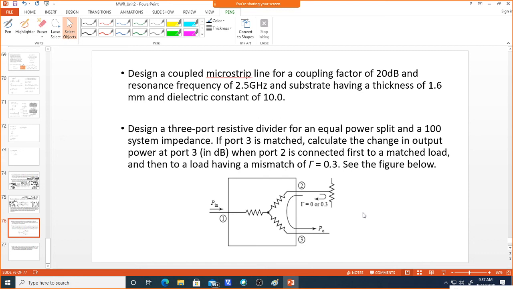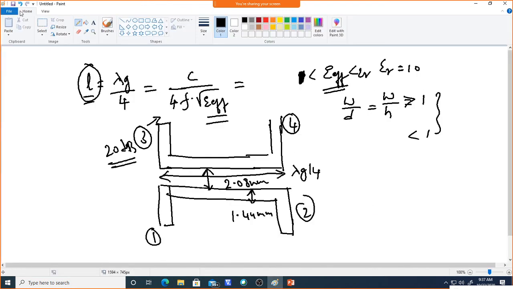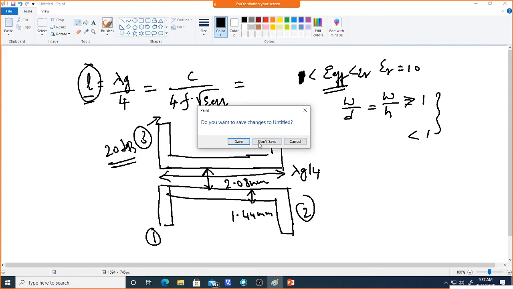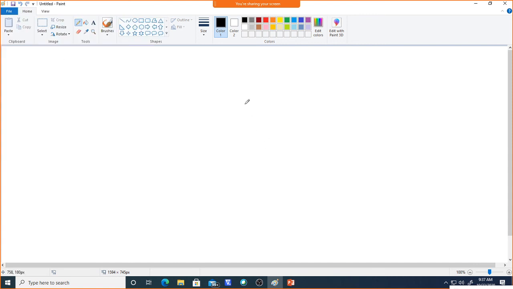Now the system impedance is given as 100 ohm. For the resistive divider, I'll draw it as a resistive network.